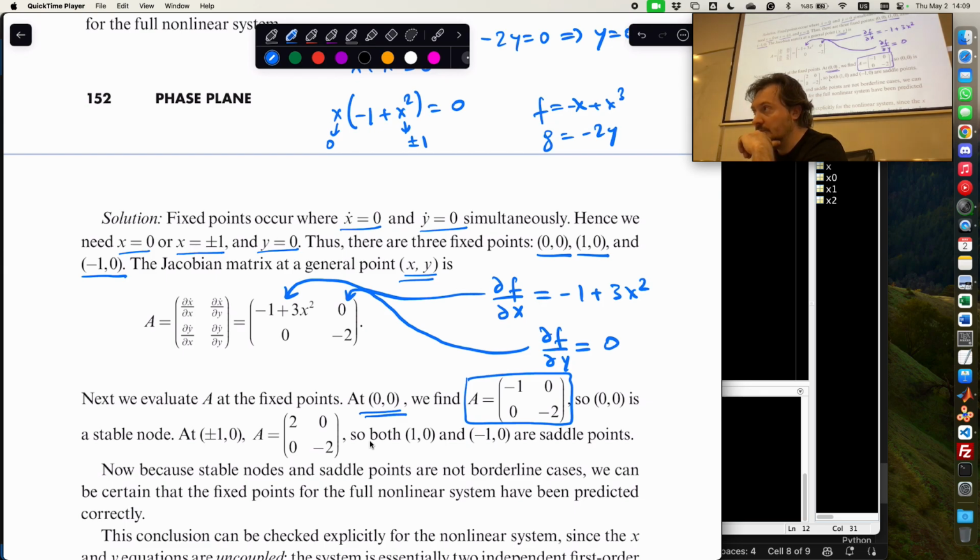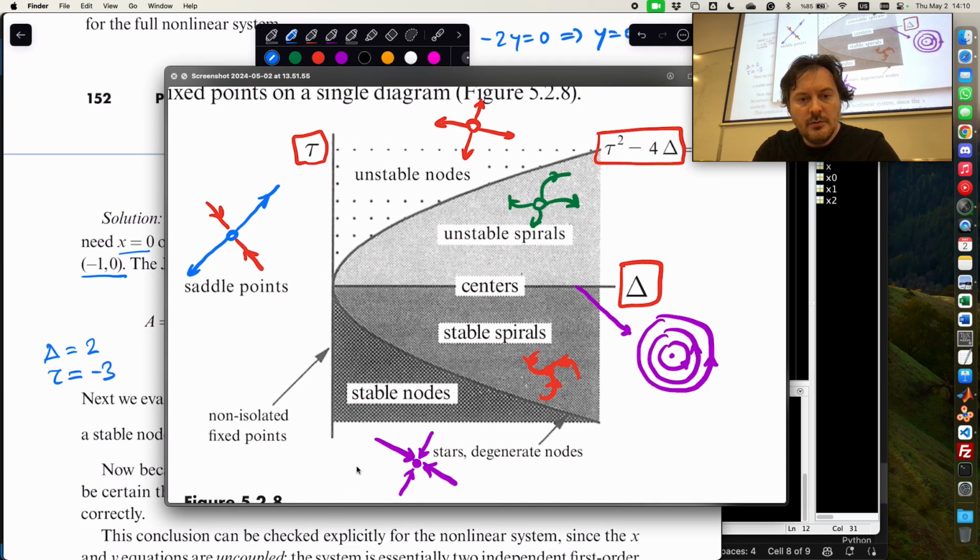It's a stable sink. How did you get it? Two negative eigenvalues, minus 1, minus 2. Exactly. Do you understand it? Or, minus 2 is less than lambda 1, which is less than 0. Exactly, that's the case. And delta is 2, tau is minus 3. So we are over here.